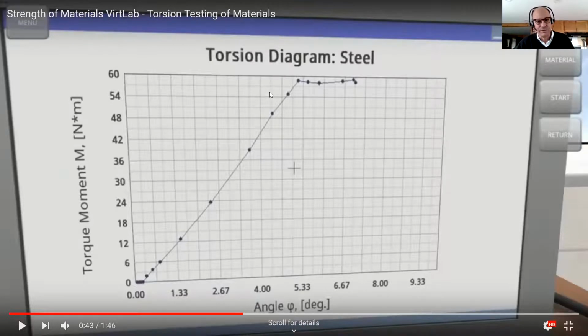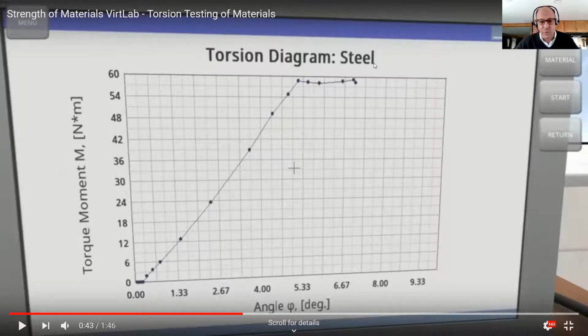The torque is going to be about 59 Newton meters. The angle, I'm going to let you do that, is 5.3 degrees, or whatever that is in radians. And so we've got an equation, theta equals TL over JG.